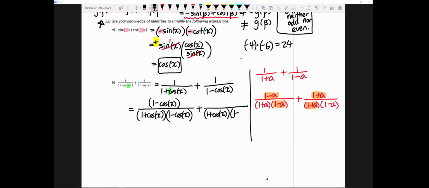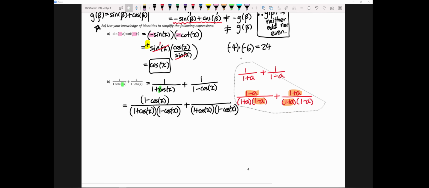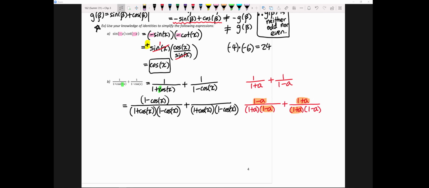So we'll multiply that into top and bottom. Okay. Stop me if you have questions.